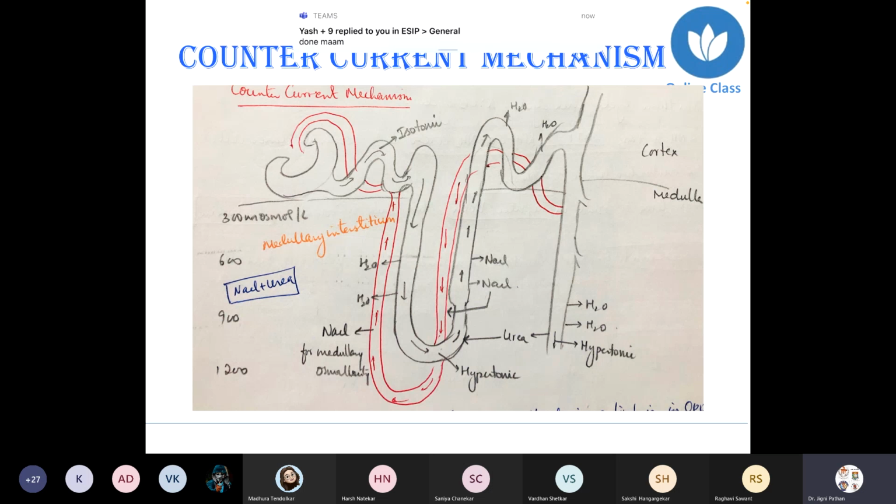You know what is PCT, you know what is DCT, you know what is the loop of Henle, you know the vasa recta, and you know the collecting duct. Do you know all these parts of the nephron?